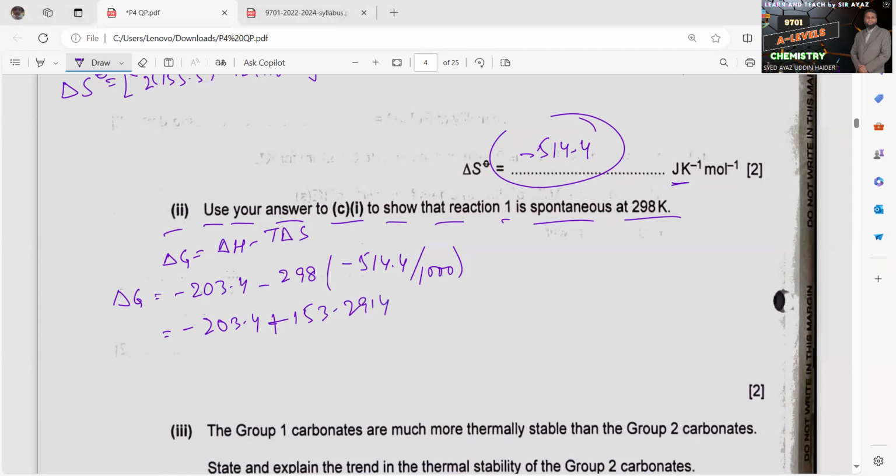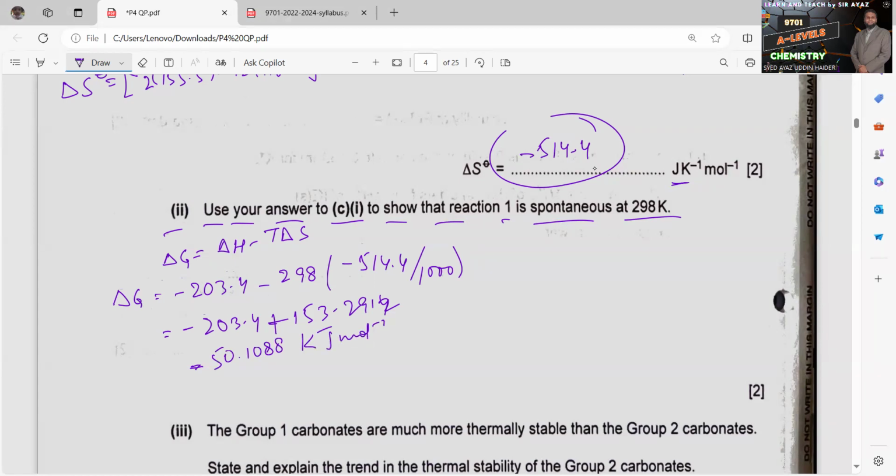So we add this 153.2912 to minus 203.4, which gives minus 50.1088 kilojoule per mole.